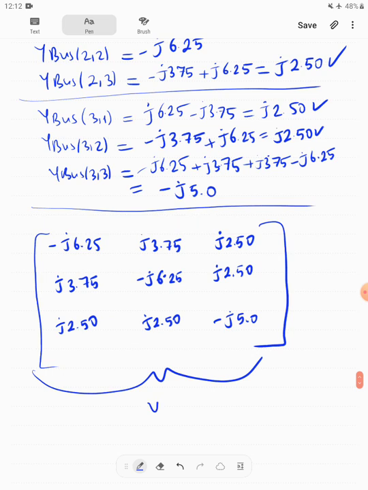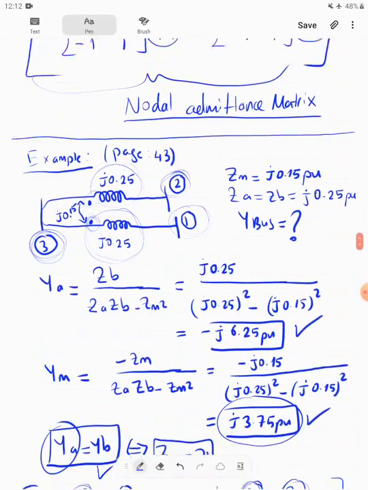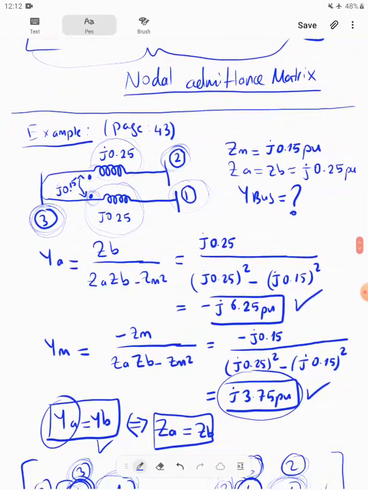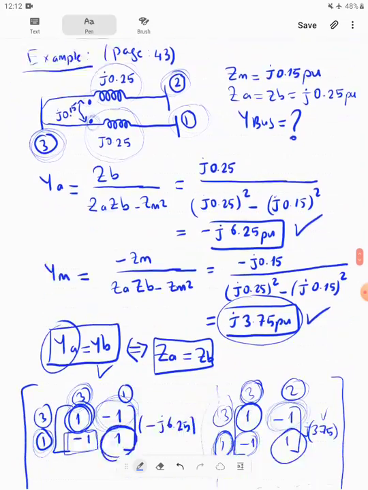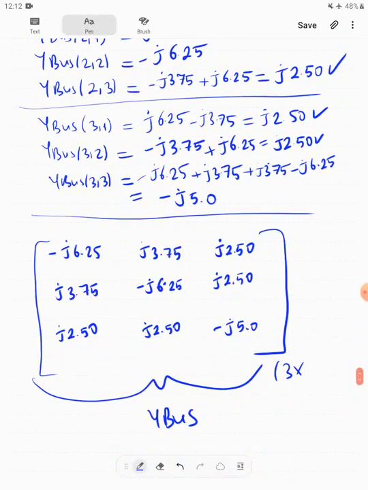So this is the nodal admittance matrix of this power system having 2 transmission lines and 3 buses. The dimension is, as you see, 3 by 3.